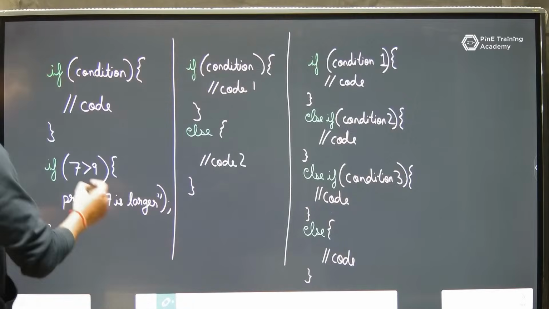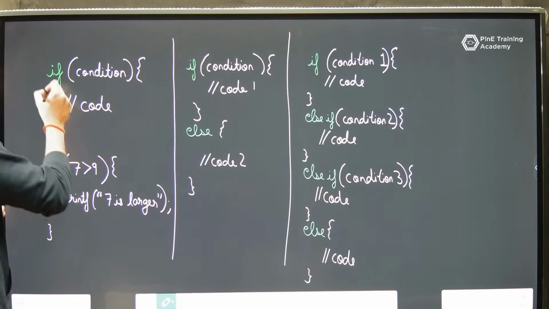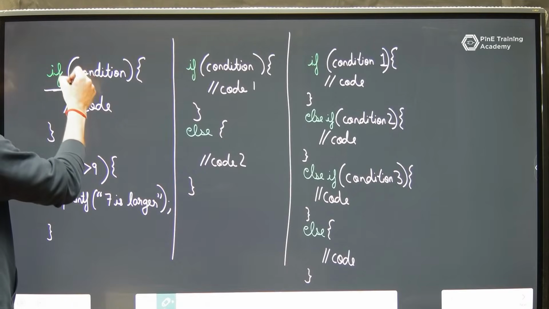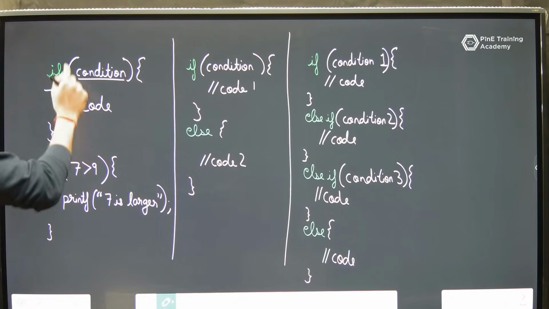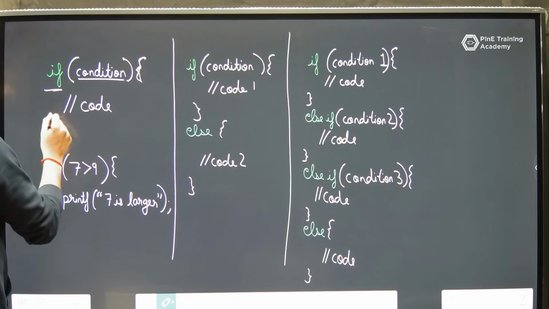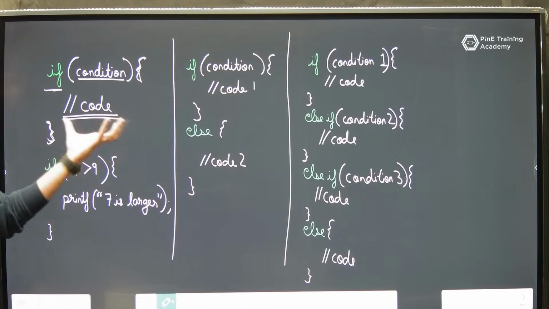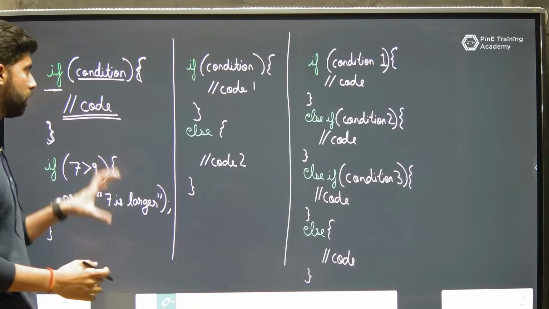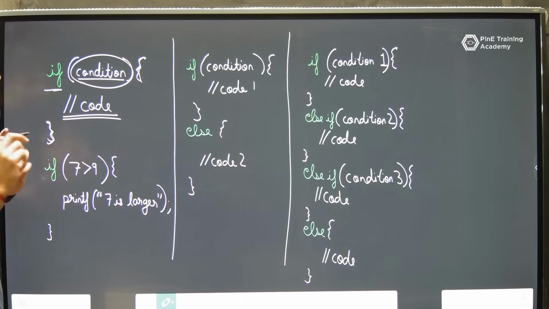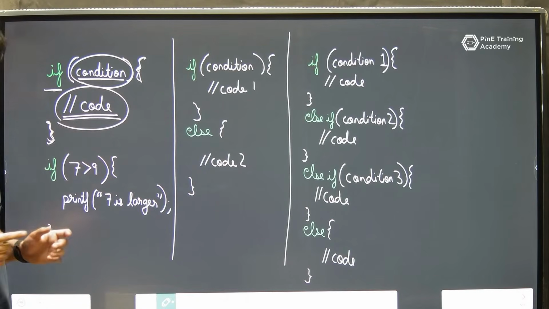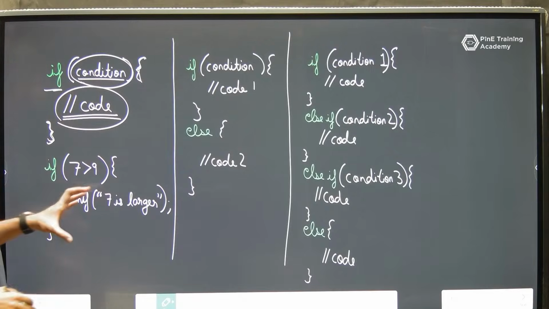Let's look at an example. When you write if, in parentheses you write a condition, and inside the curly braces you write some code. You can write any code you want. If this condition is true, only then this code will get executed, otherwise it will be skipped.